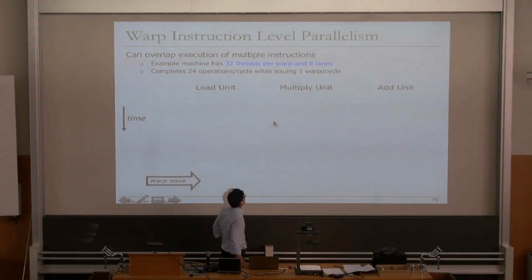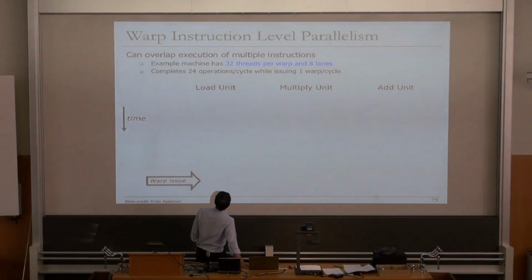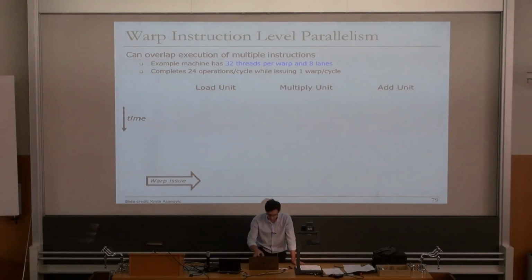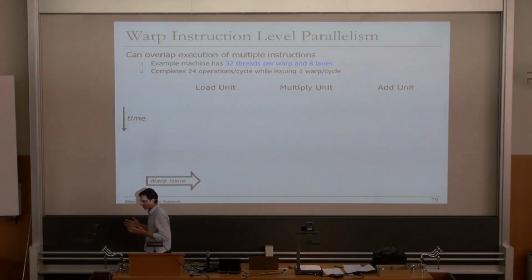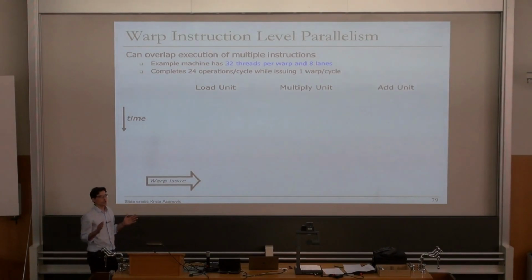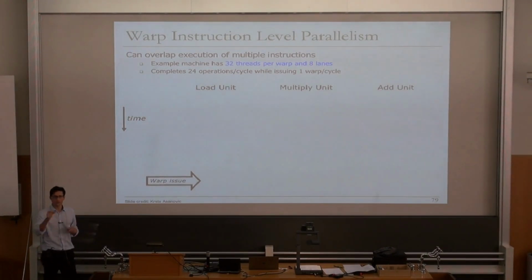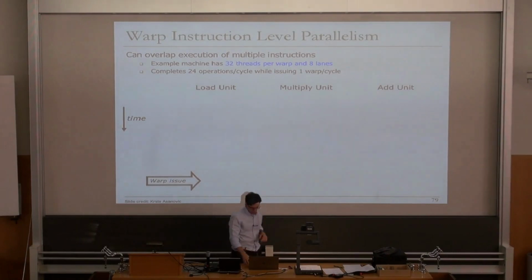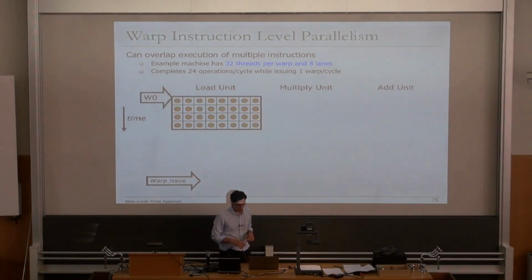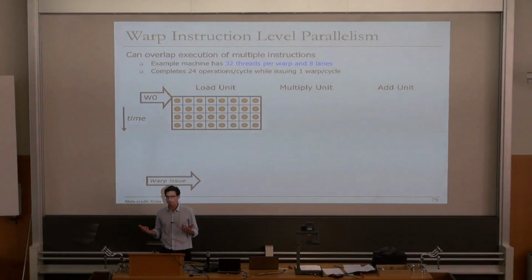This slide, which we showed before applied to vector processors, we now use to explain how a warp is executed. Assume that we have 32 threads in each warp, but we only have 8 vector lanes, 8 of these scalar pipelines in each of the SIMD pipelines we just saw. In the load unit, we issue the first instruction for warp 0.